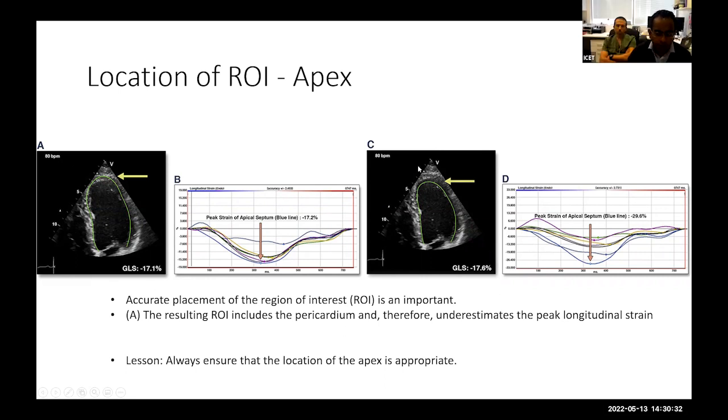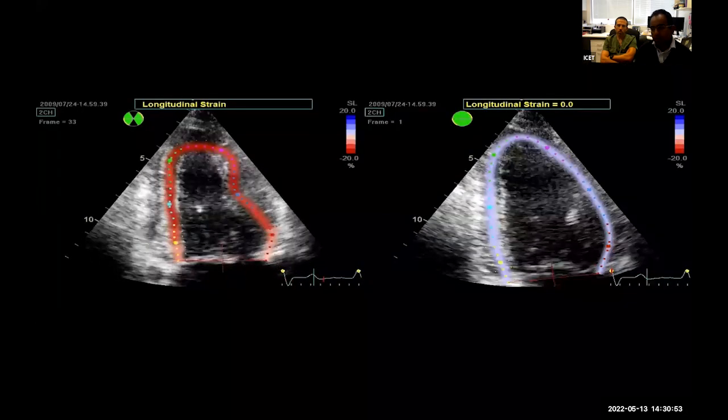Where you're tracking the endocardium, you get an appropriate GLS measurement, and you can see that one of the curves is not that great as a result. So one of the practical considerations is making sure, particularly in the apex, that you're tracking the endocardium and not the pericardium.